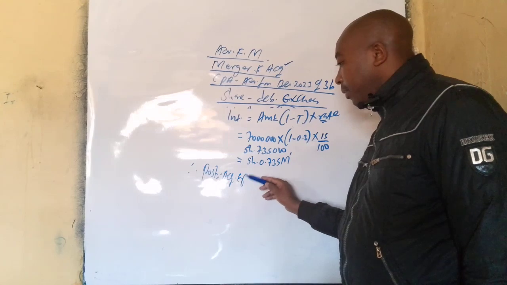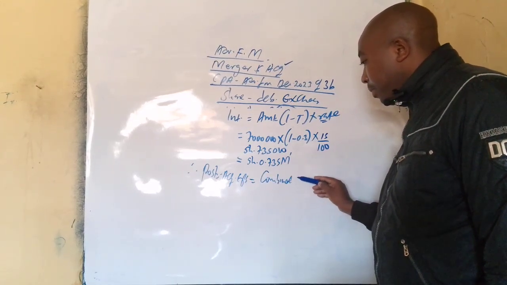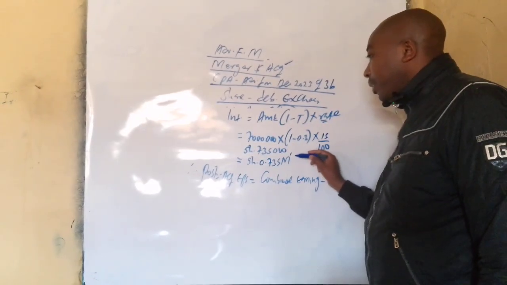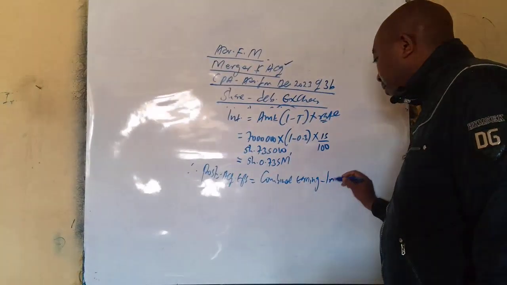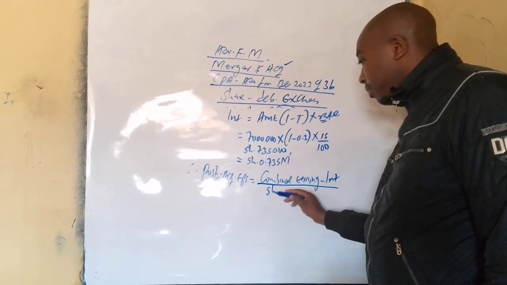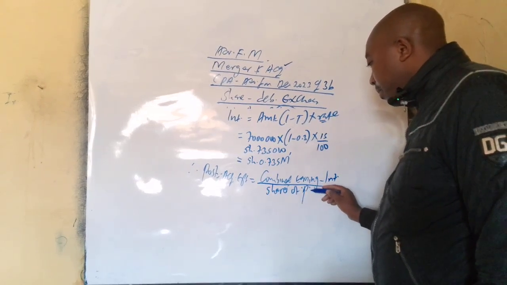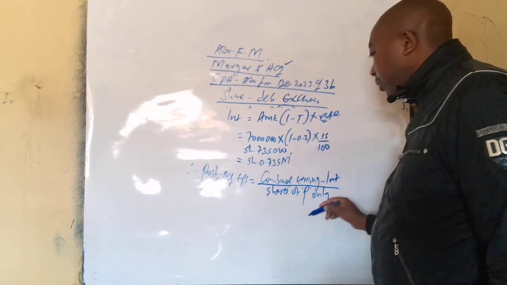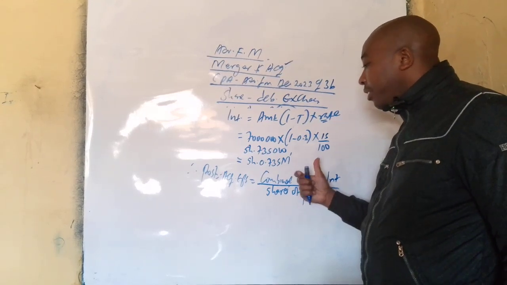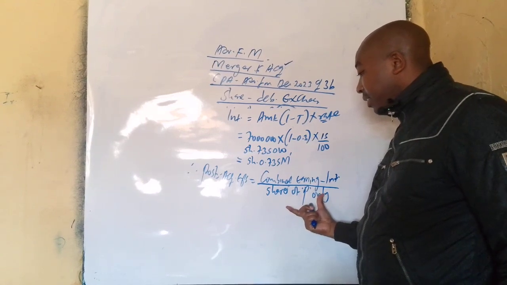Therefore, post-acquisition EPS, we take the combined earning, and since now you have this interest, we minus interest over shares of Predator only. Since now these people have become debenture holders, the shares are not increasing.